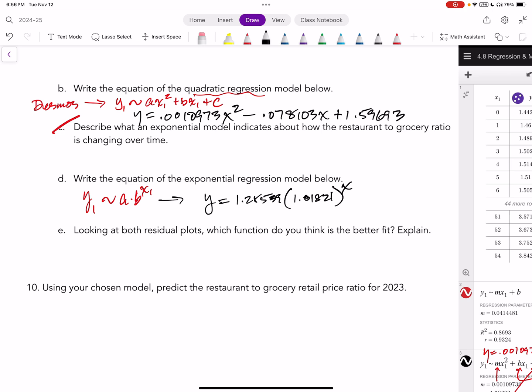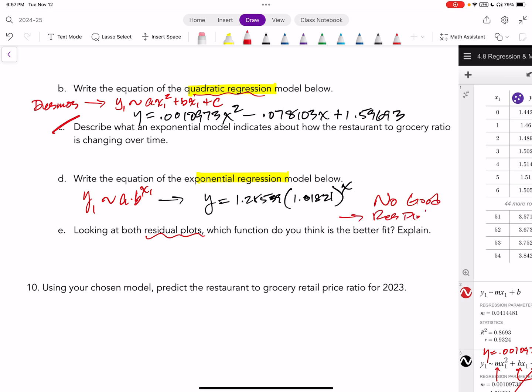We have the quadratic model right here, and then we have the exponential model down below. And then looking at the residual plots, and I already talked about this, which function do you think is better? So this one I said was no good because the residual plot had a pattern.